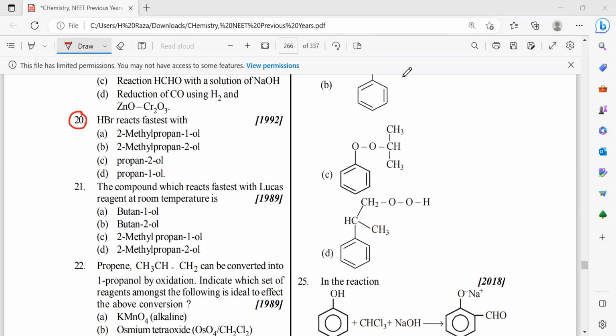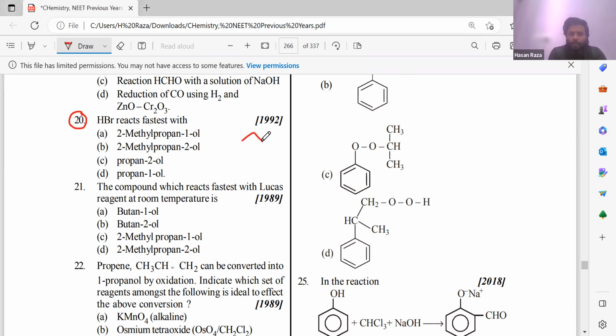This is the wrong answer. I'm going to explain. HBr reacts fast with 2-methyl propan-1-ol. So this will be the structure for the first one. For the second option, this will be the structure. And for the third option, this will be the structure. And for the fourth option, this will be the structure.